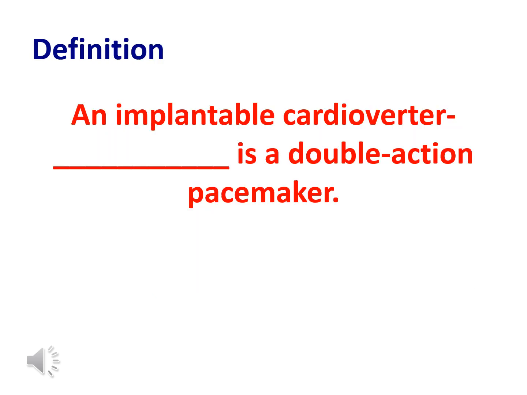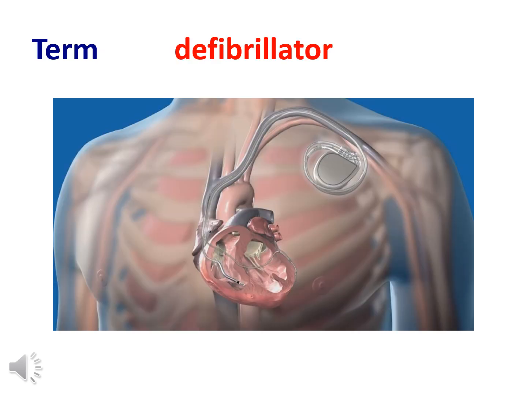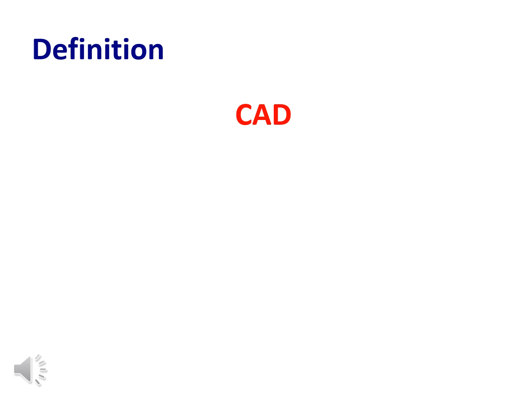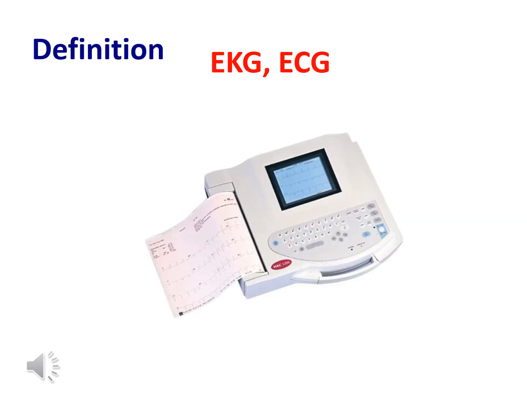An implantable cardioverter defibrillator is a double-action pacemaker. CAD stands for what? CAD stands for coronary artery disease. Other terms for electrocardiogram are EKG or ECG.